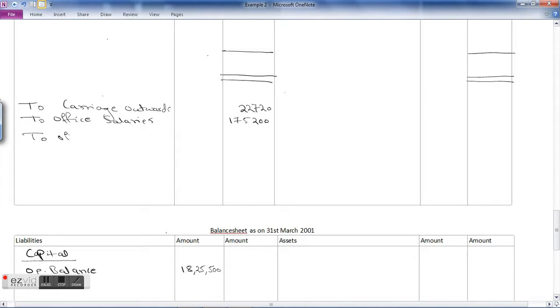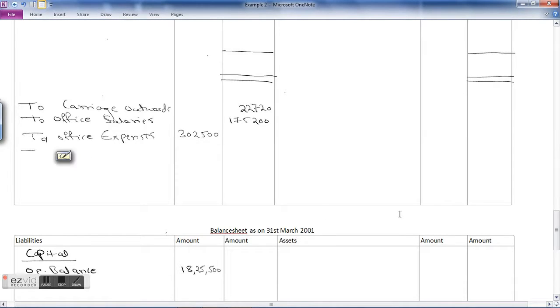To office expenses. How much is the office expenses? It's 302,500, and we'll leave some space for adjustment.